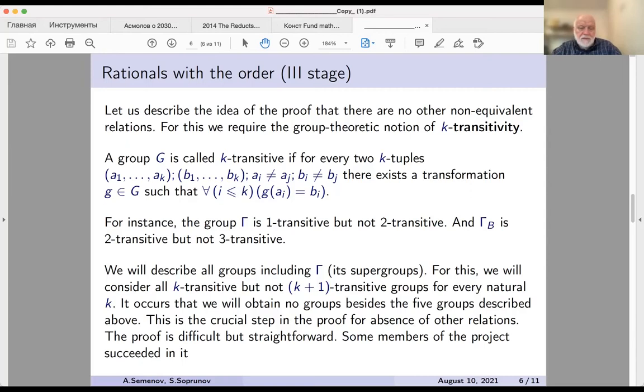And the most important point here is that if you come to a stage of, say, 5-transitive, you'll discover that there are no 5-transitive groups which are not, say, infinitely transitive. The natural notion of transitivity is that for any number of members in the vector, you can translate it to any other vector of the same dimension.